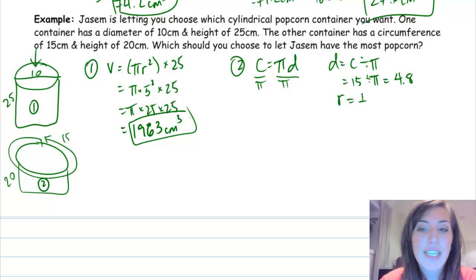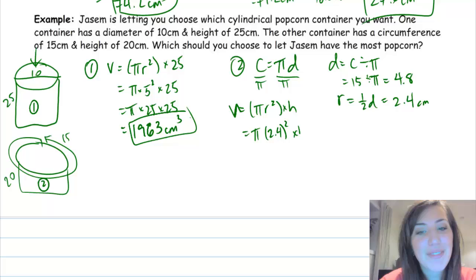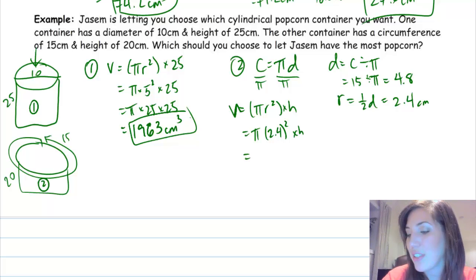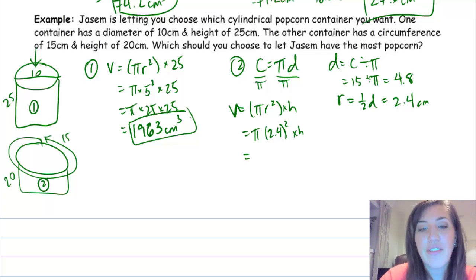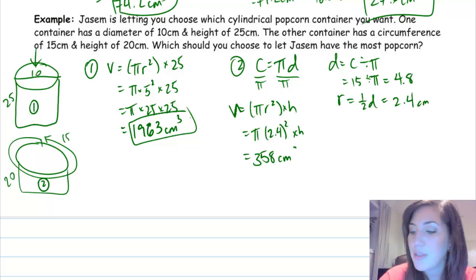So that's half of the d. So the radius then is 2.4 centimeters. So here, let's plug it in. Volume equals pi r squared times height. And this is pi and 2.4 squared times the height. So we get a grand total here of 358 centimeters cubed. Wow, that's quite the difference.